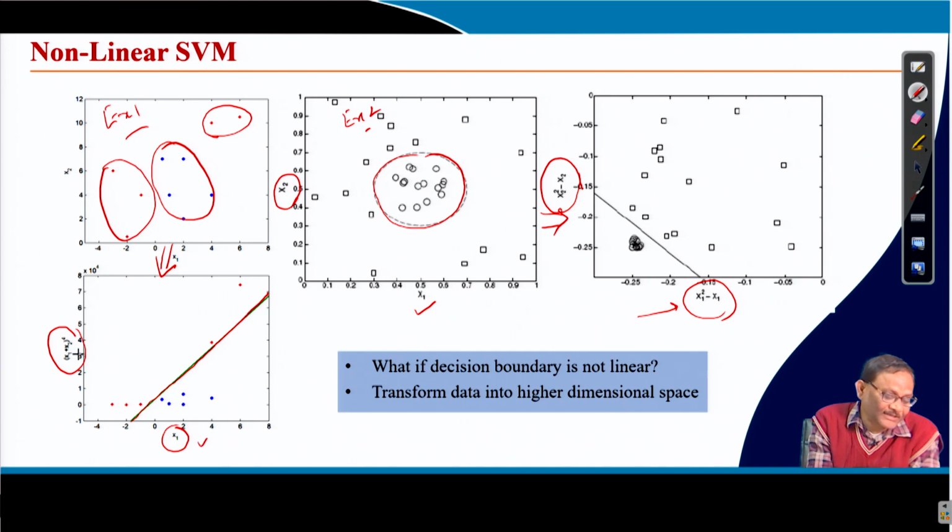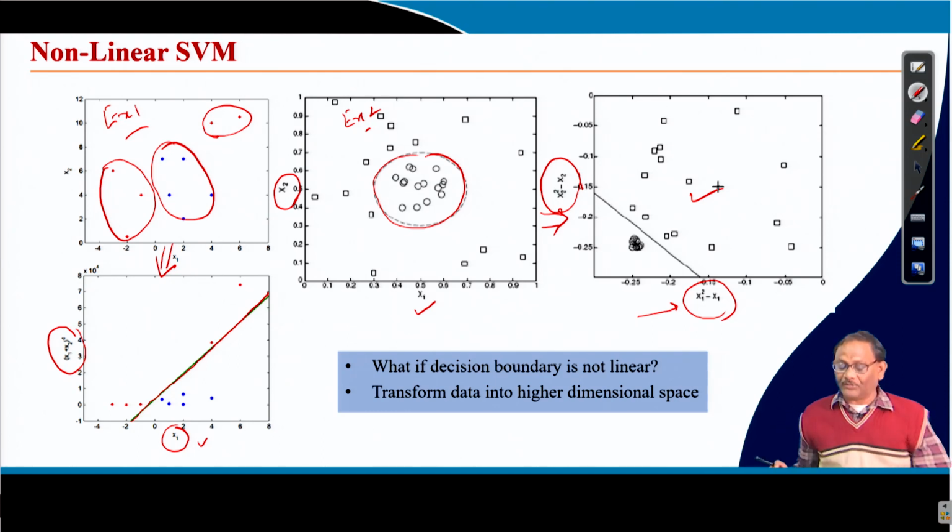So you converted the data in this manner: x1 as it is, and x2 is used along with x1 to create another variable x1 plus x2 to the power 4, and then it is linearly separable. And for the second example, similarly, x1 is converted to x1 square minus x1 and x2 is converted to x2 square minus x2, and that also gives you another linearly separable case.